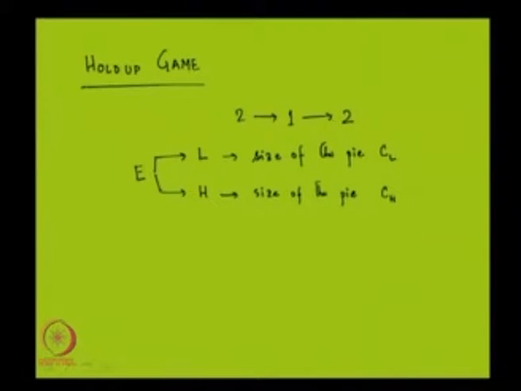Now, after player 2 has decided his effort level, that decides the size of the pie. Then in the second stage, the ultimatum game that we have discussed before starts, which means that player 1 makes an offer to player 2, which is an X, and after that player 2 decides whether to accept that offer.